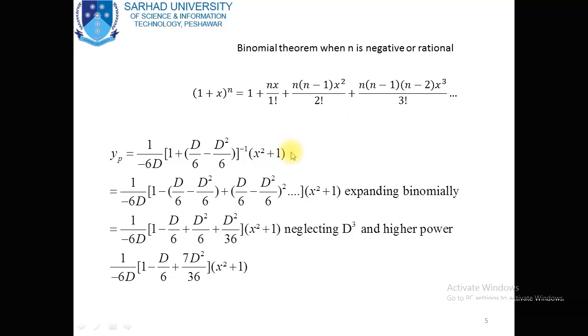If we have a polynomial of degree 2, then expand this binomial theorem just to the third term, and if we have a first degree polynomial, then expand this binomial theorem just for two terms, 1 plus nx by 1 factorial.